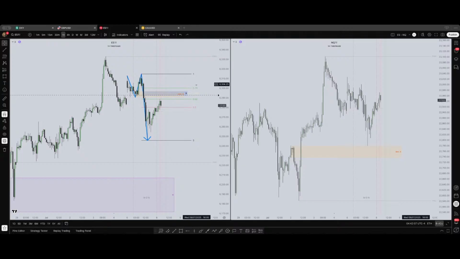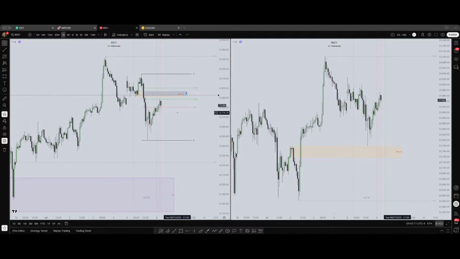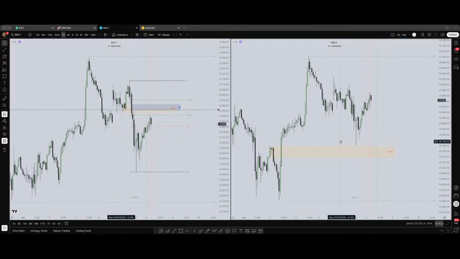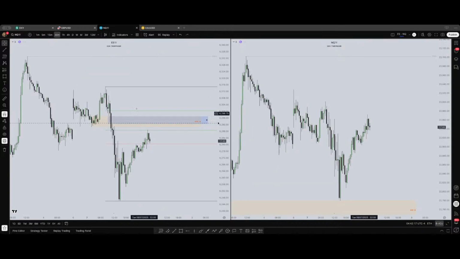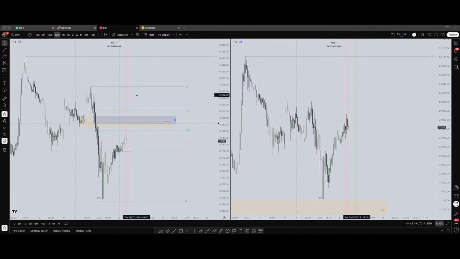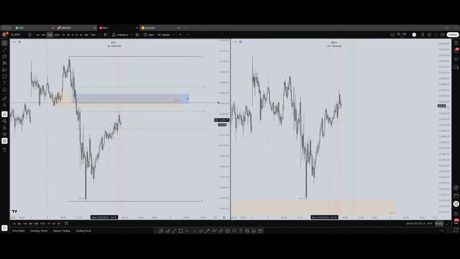So I put my alarm there, so let's see what happened. So far nothing. Yeah, so far nothing more. Low, high, low, high, higher high, break of a structure, breaker.